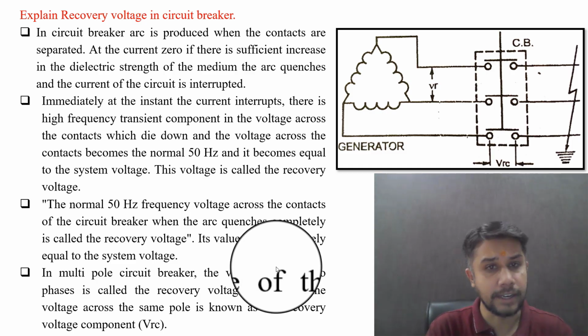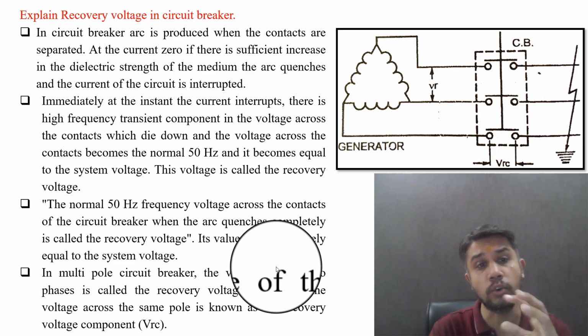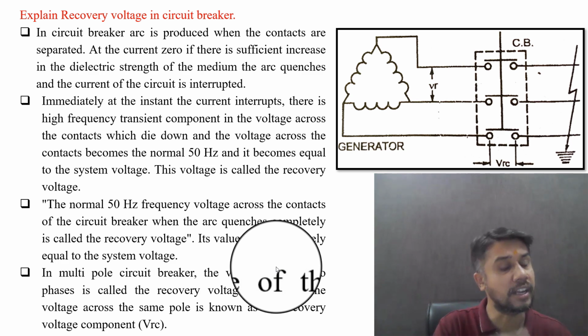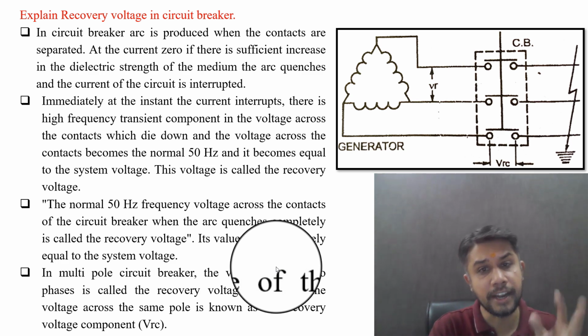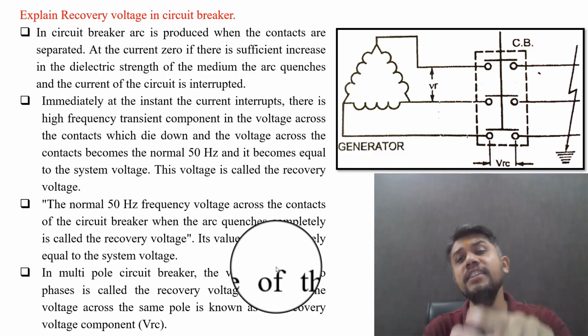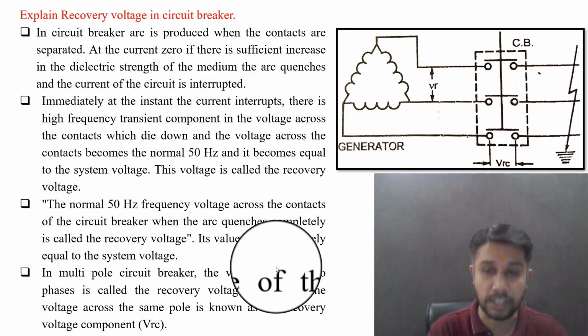Immediately at the instant the current interrupts, there is a high frequency transient component in the voltage across the contacts which dies out, and the voltage across the contacts becomes the normal 50 Hz and equal to the system voltage itself. This voltage is called the recovery voltage.